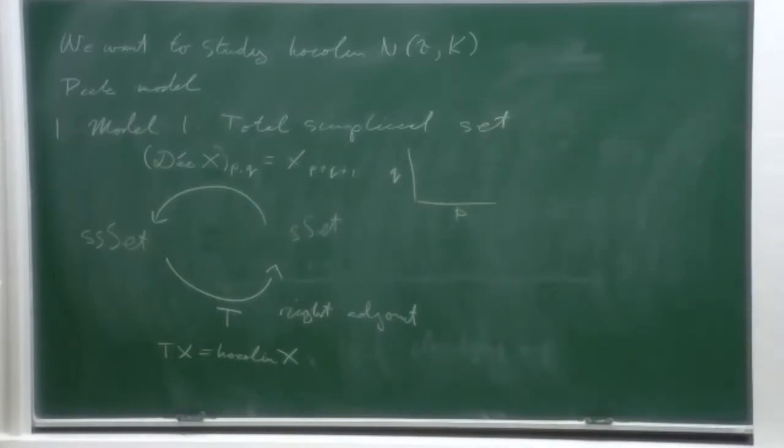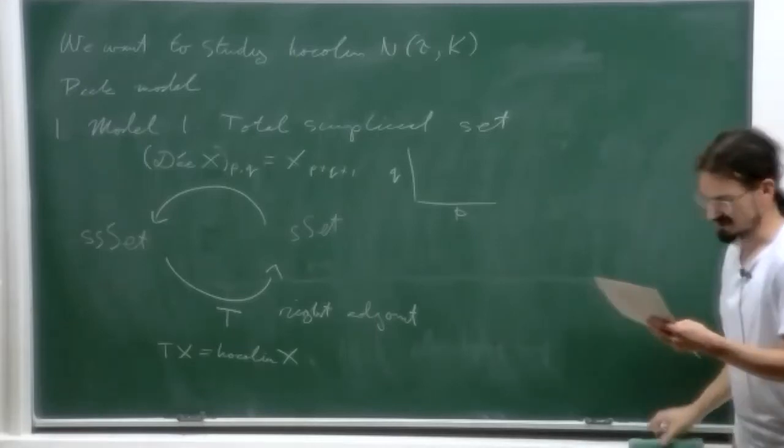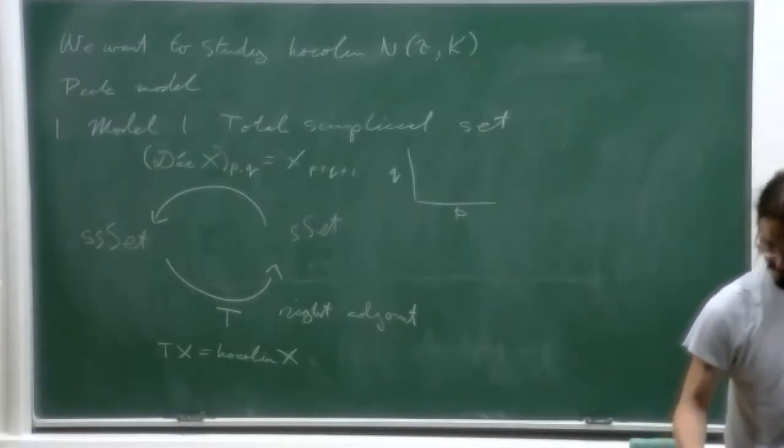Why we started out with this approach is that if you're looking at tau being just the identity functor, then this works.